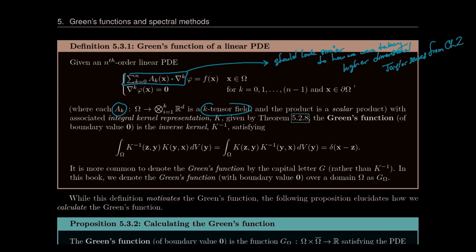The kth power is a k tensor. This is some sort of k tensor of all combinations of derivatives. And then this is another k tensor, which is a k tensor field that depends on x.